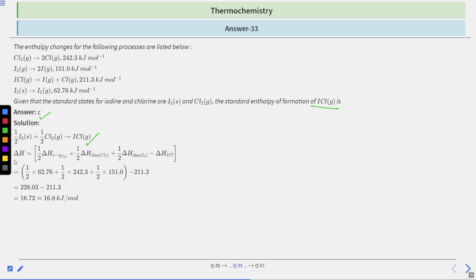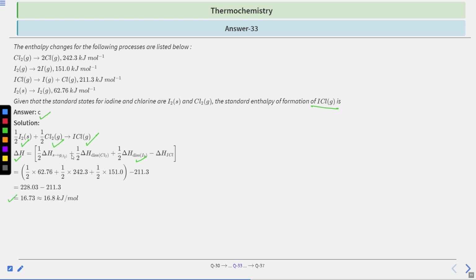And if we find out delta H for this reaction, it will be half of delta H for solid to gas of I2 molecule, plus half of delta H dissociation, that is enthalpy of dissociation for Cl2 molecule, plus half of dissociation of I2 molecule, which is finally in gaseous state, and minus the enthalpy of the product, that is ICl, right?